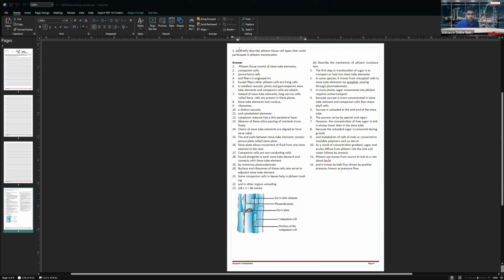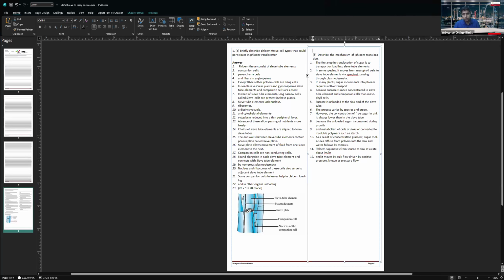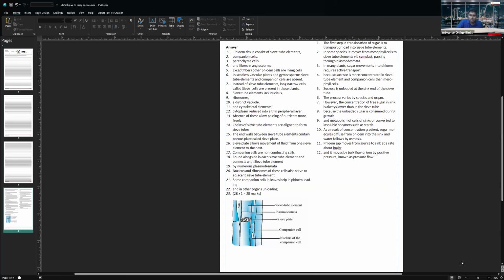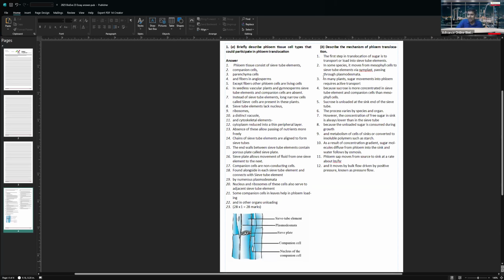Right, so this is a simple question. Briefly describe the phloem tissue. Type of cells present in the phloem tissue. Second one, briefly describe the mechanism of phloem translocation. I think this is a simple question. I have prepared the scheme. No big difference with the resource book answer also, people. Please keep it ready. I am going to check these things in Saturday class.